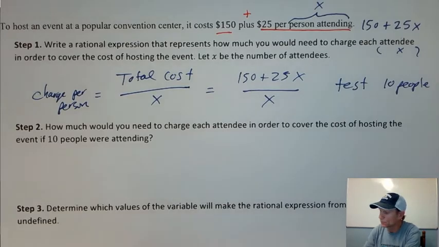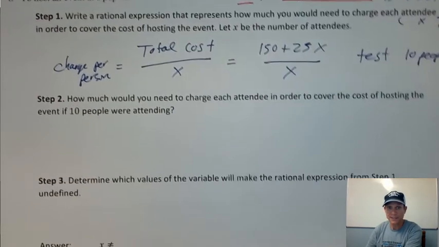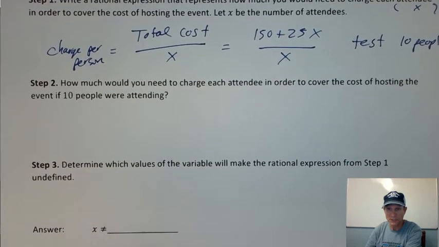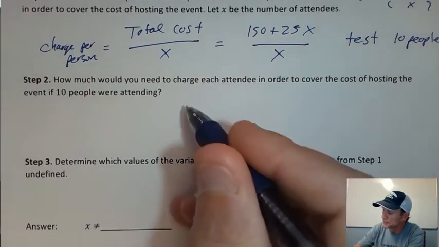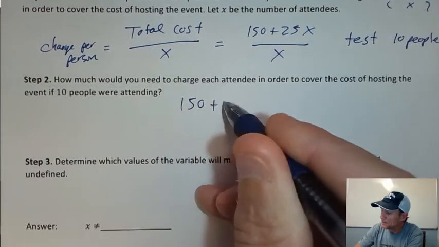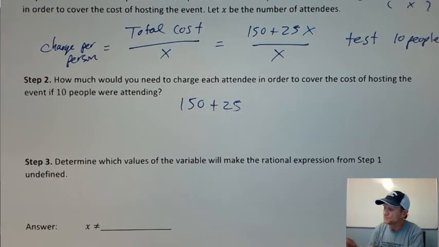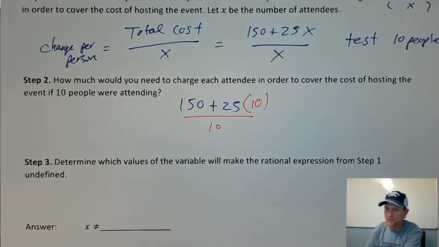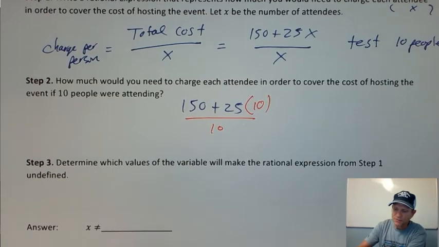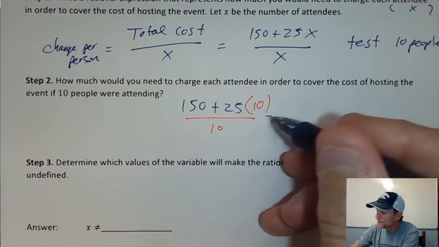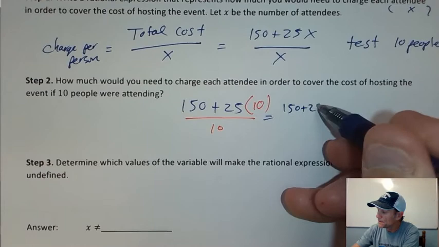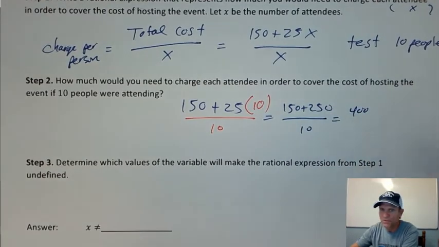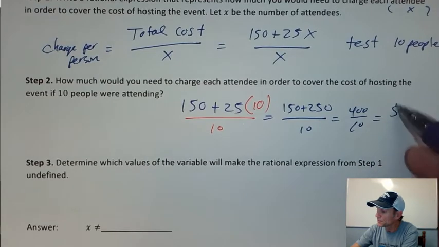That's the second part of the problem, so we'll put the 10 in there and write it out: 150 plus 250 over 10, then 400 over 10, which is $40.